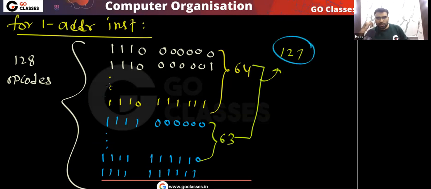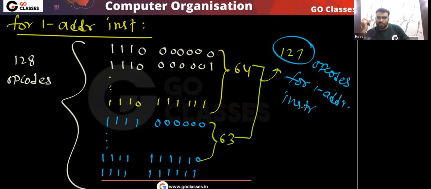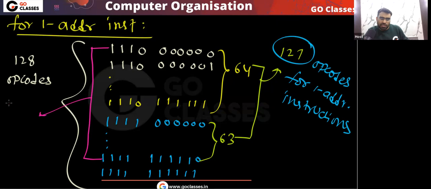So remember, these opcodes will be used by 1 address instructions. These are the 127 opcodes for one address instructions. Is this clear? For one address instructions, these are the opcodes we are using.